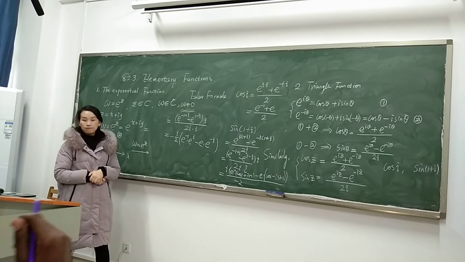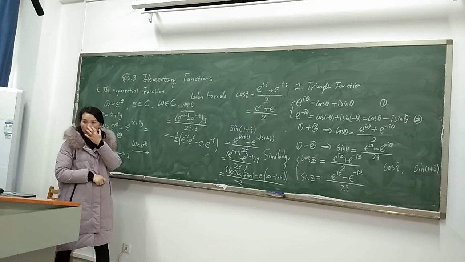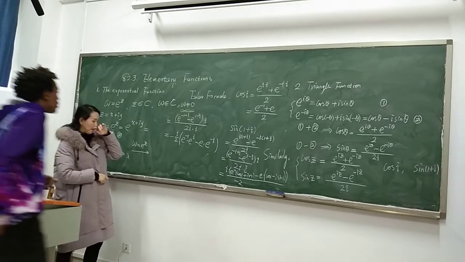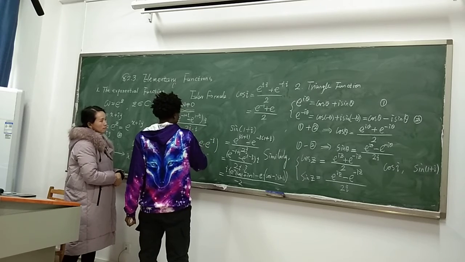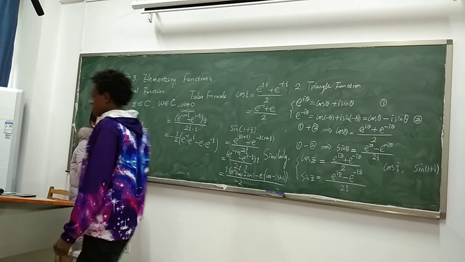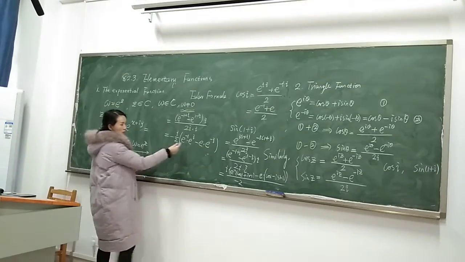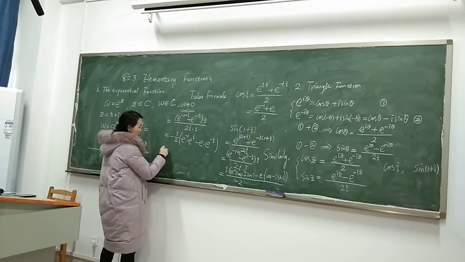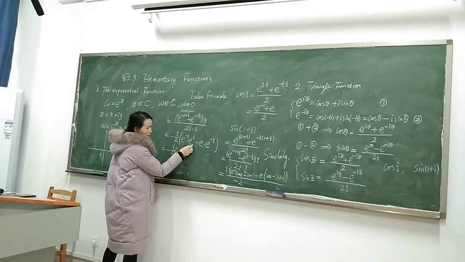Any question here? When you take negative 1 plus I, how does it come to be up there? Because here, if here is plus, then you multiply. So this is a real number. This is also a real number. We only compute this one.